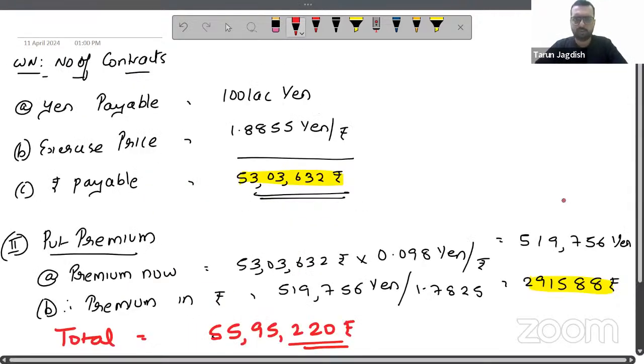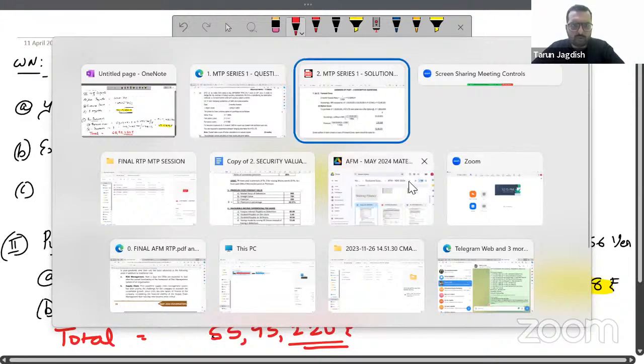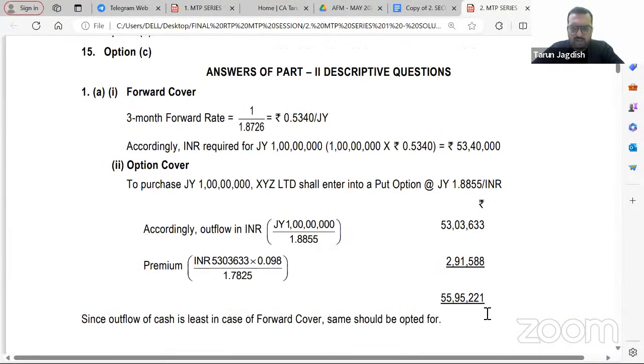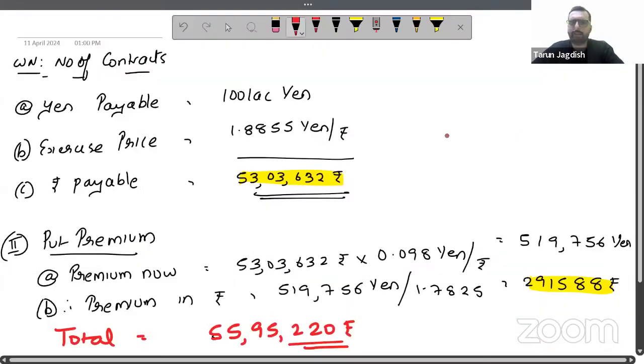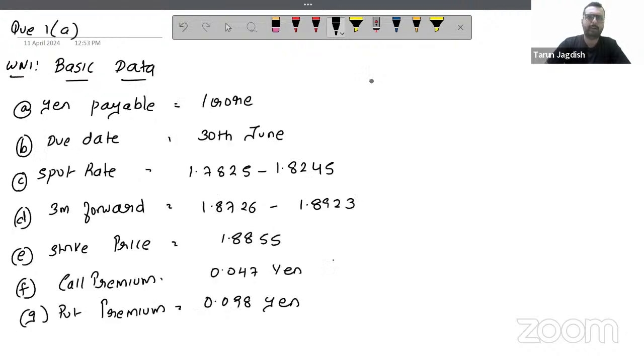Let me just cross check because they have not given full information. 55,95,221. Exactly. We've got the same answer, friends. But ideally, they should have had a contract size, but they don't have a contract size in this question. So I'll give you a 1 minute cool off time. I'll show you each page, read and understand each part of this.